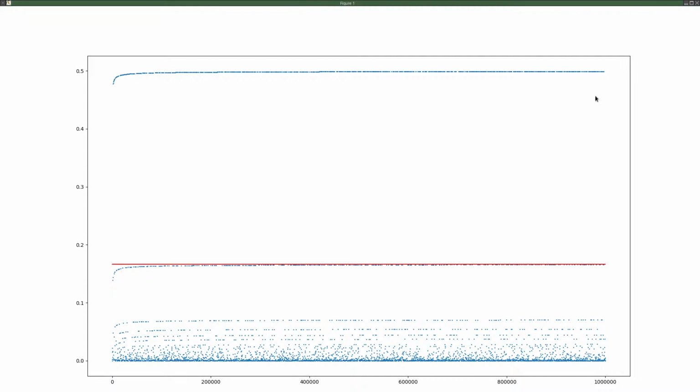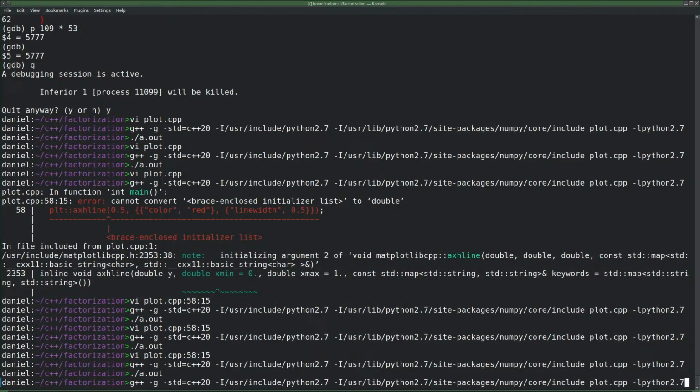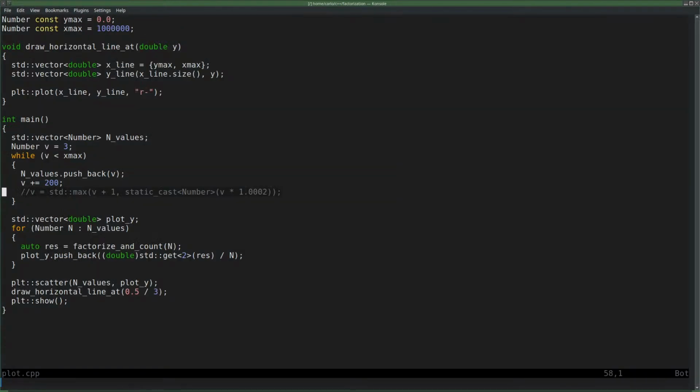Yes, so it's either a half divided by 1 or a half divided by 3, or maybe I should draw several of those lines.